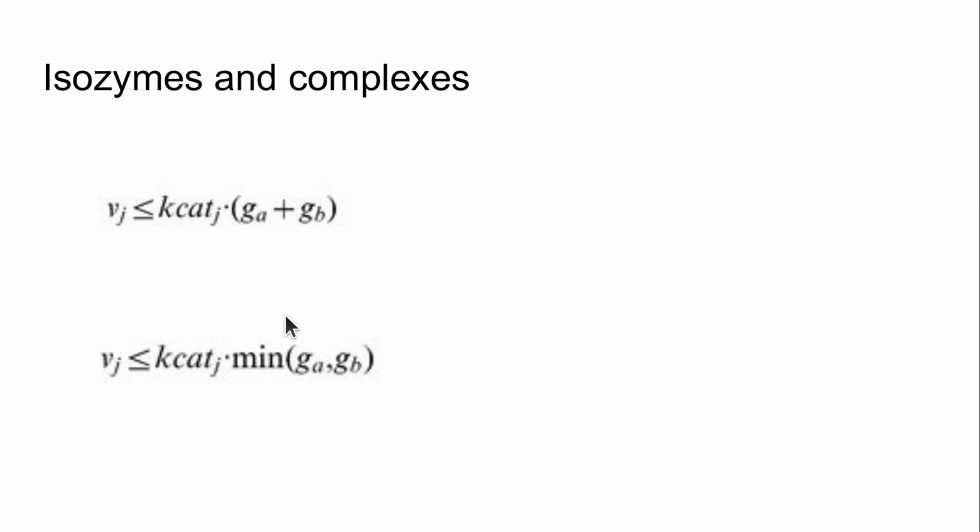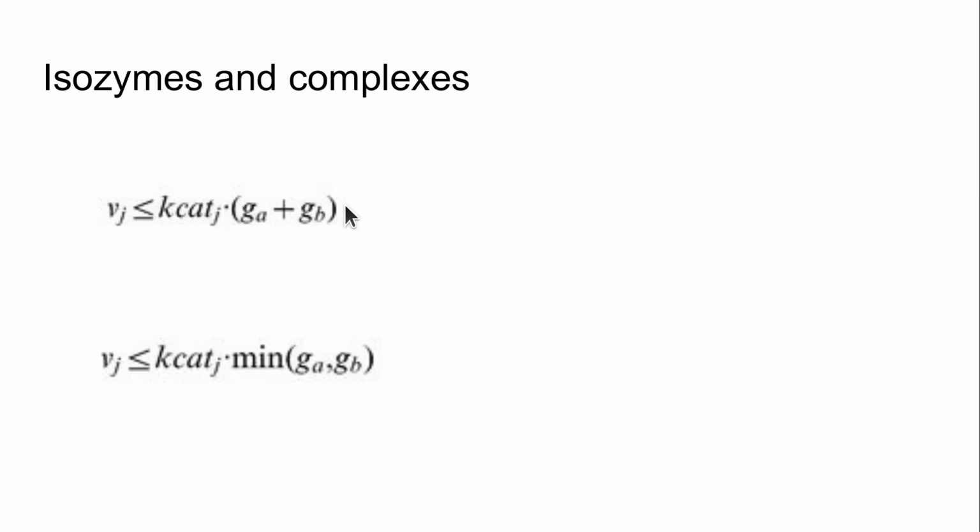Meanwhile, for complexes, you need at least both. For a complex, you're constrained by whichever enzyme, or partial enzyme, is present in the lesser amount. So we phrase this as Vj less than or equal to kcat multiplied by the minimum of our enzymatic concentrations.